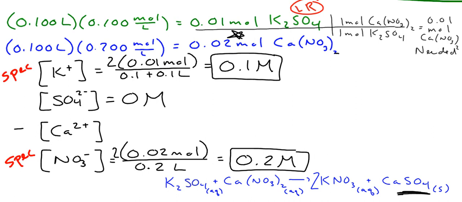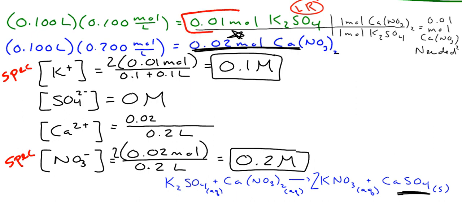So here we go on the calcium. Calcium is being consumed. So what I do first, when I have the 0.2 liters, is ask what did I start with? Here I am, calcium, right there. I started with 0.02 moles. And how much was consumed? Here's the trick. This is all going to get consumed right here, all of this. And how much does it need to react with the other stuff?